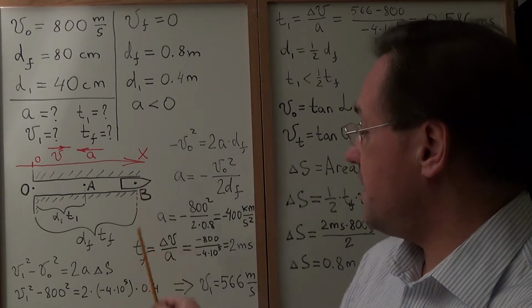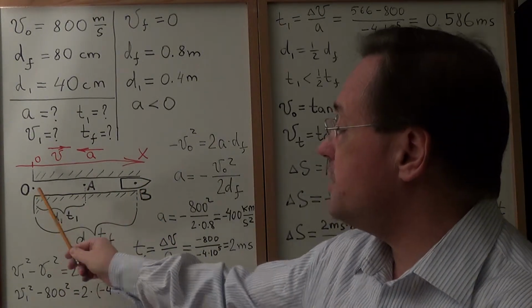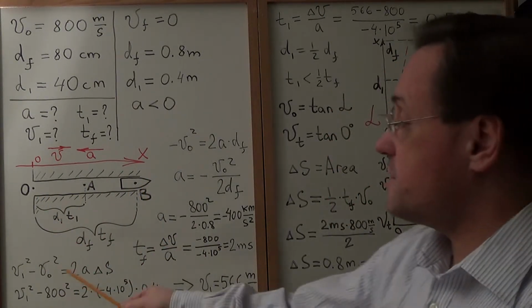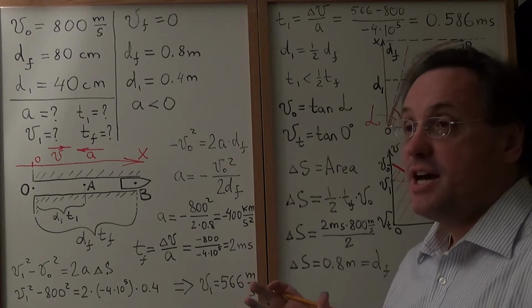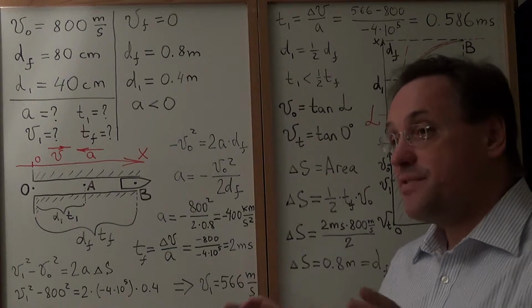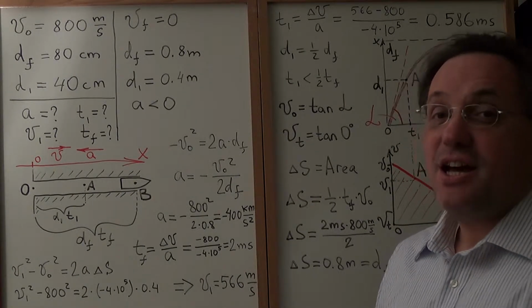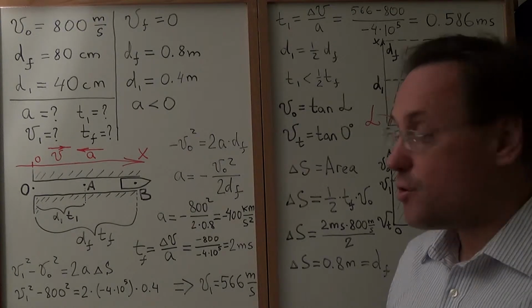To find time and velocity in any point between O and B, we also use these formulas. Remember, we said that we can take just a piece of the whole move, and for that specific piece we'll have its own delta S, delta T, final velocity, initial velocity.